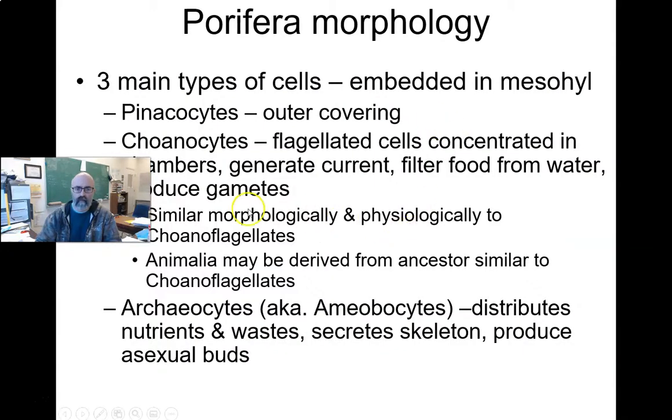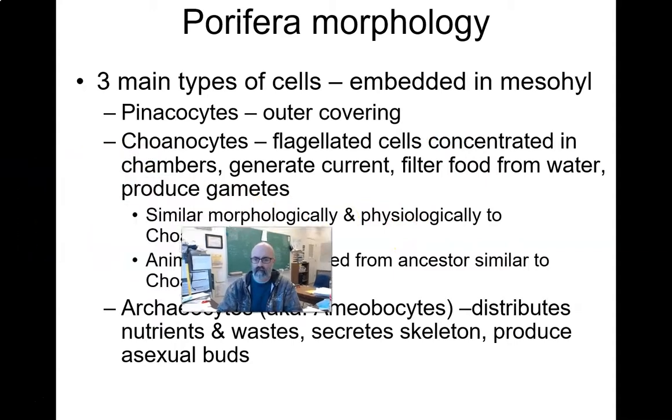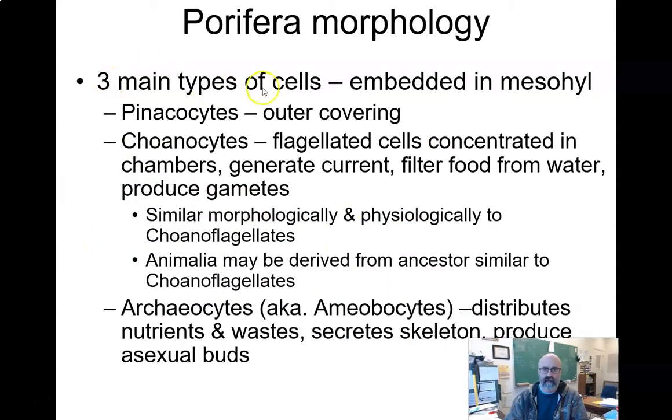In terms of their morphology, three main types of cells. Those of you guys who've been to lab, these will sound familiar. The pinacocytes. So cyte means cell. So we have the pinacocytes, which are basically the covering on the outside of the sponge. Choanocytes do most everything, right?